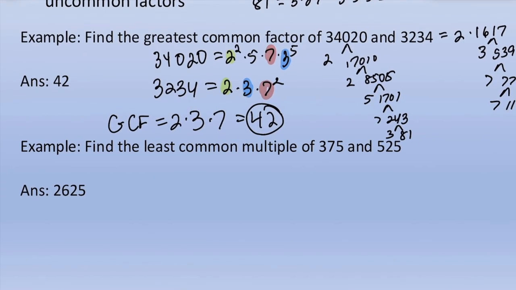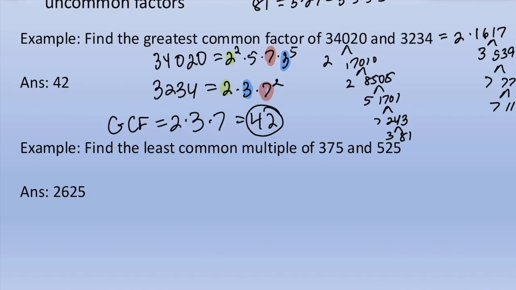Now, this time, we're going to find a least common multiple. So different. You still want to see what's living in there. I noticed both numbers are divisible by 5. They both have 5 on the end. So that's the first way I'm going to go with these. 375 divided by 5 is 75, which still ends in 5.